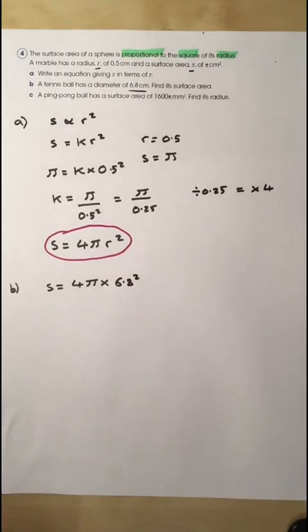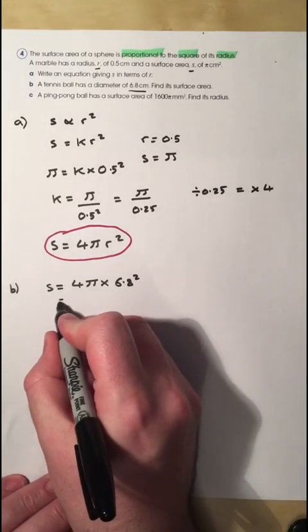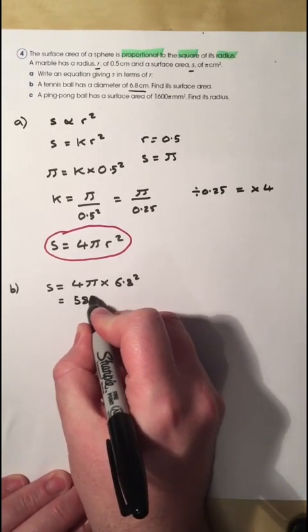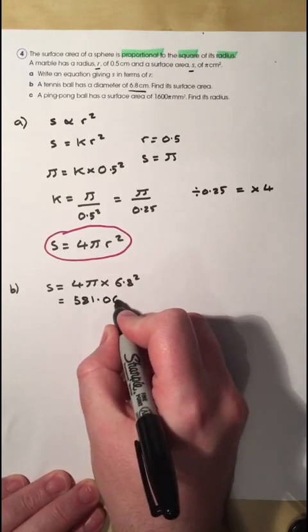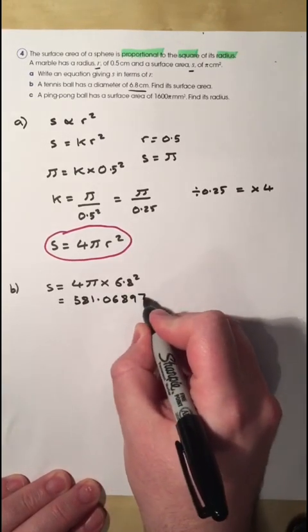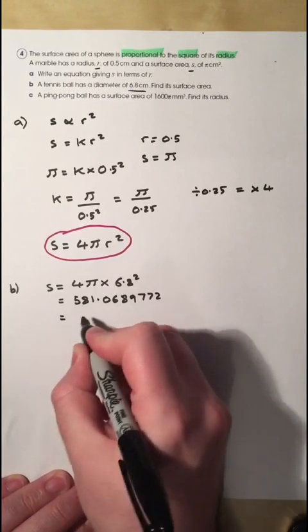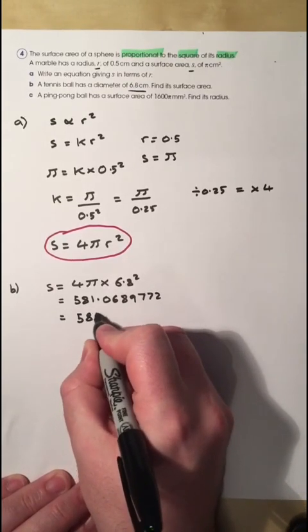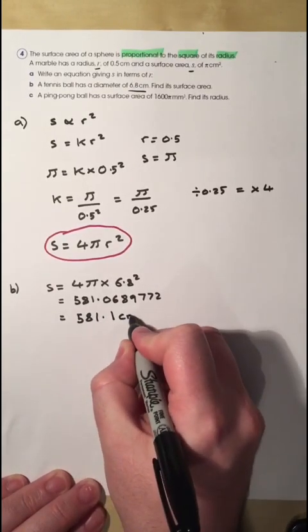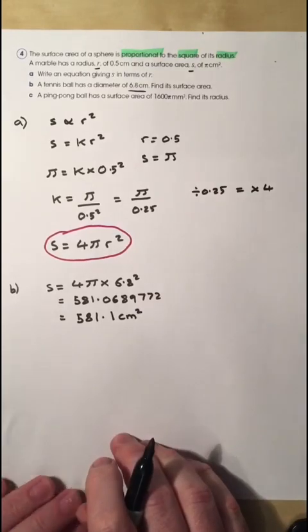Using a calculator, 4 pi times 6.8 squared gives me a value of S equals 581.0689772, or well, let's just say 581.1 centimeters squared.